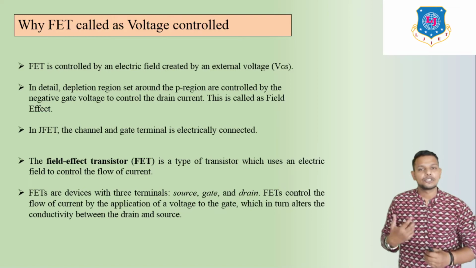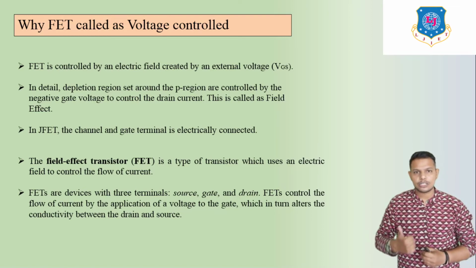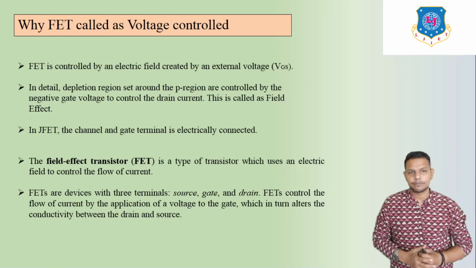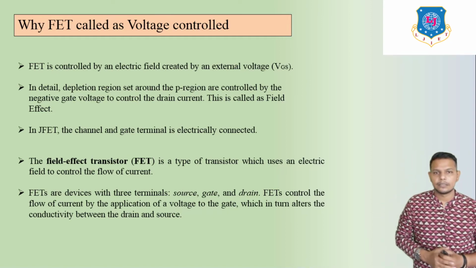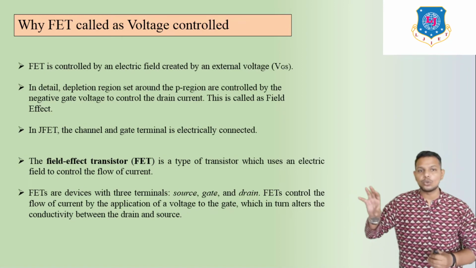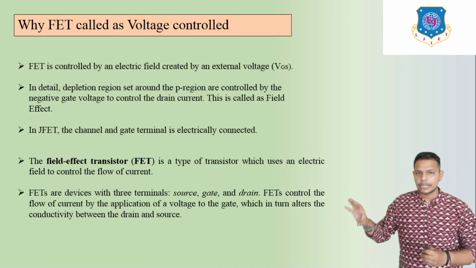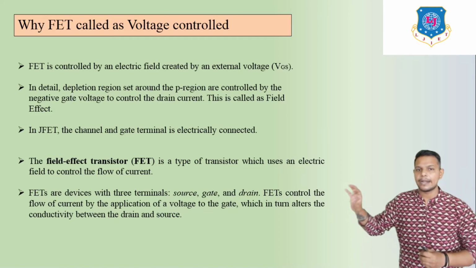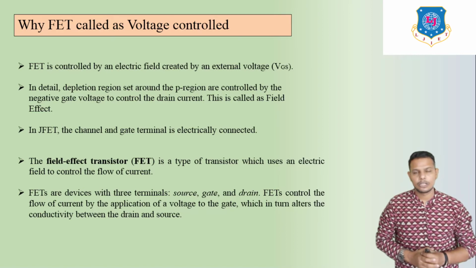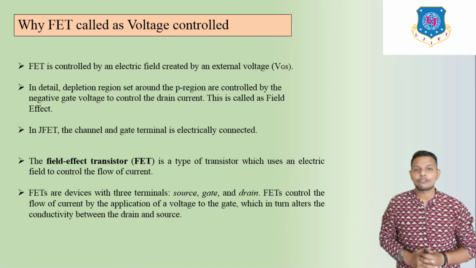There are three different terminals as we discussed: source, gate, and drain. FETs control the flow of current by application of voltage to the gate, which in turn alters conductivity between the drain and source. This is the working principle of FET.